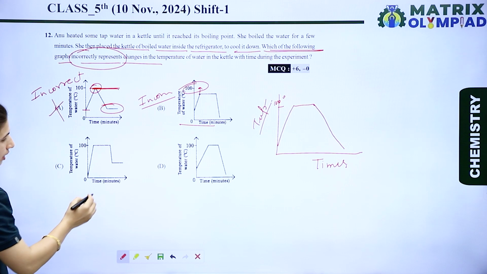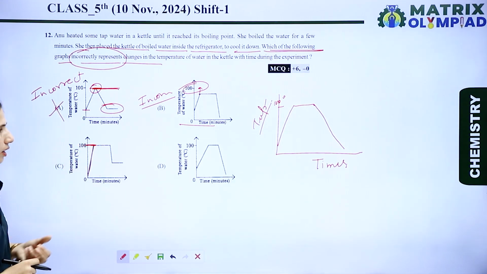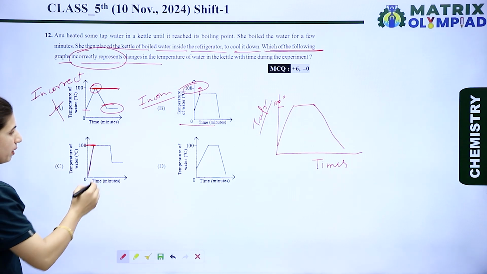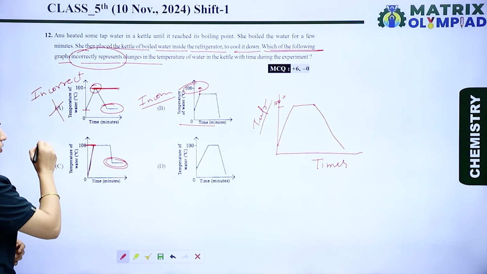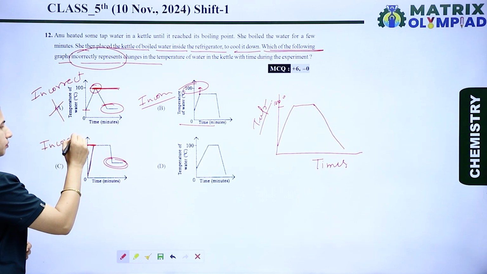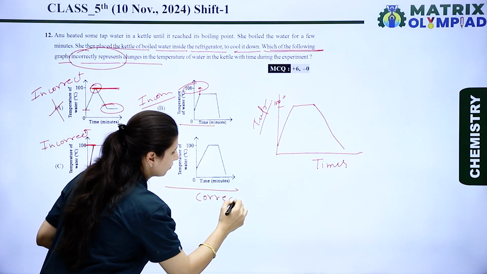And C, here it is equal to 100 degrees, but from this point it is not lower than the 0, so it is also incorrect, and this graph is the correct graph.